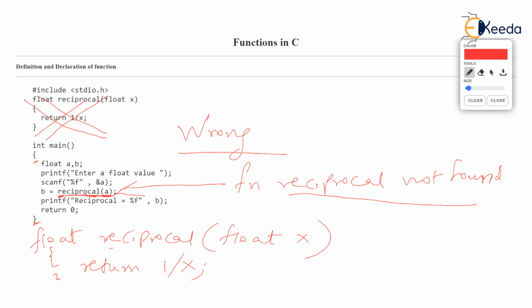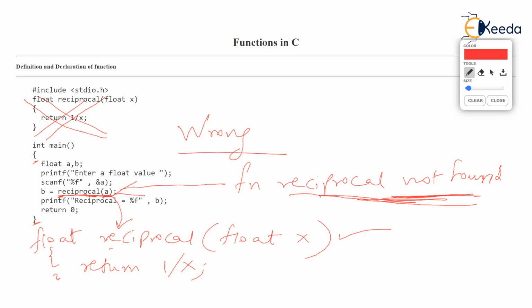But I have defined the reciprocal function. Yes, I have written it. Then why is C complaining that the reciprocal function is not found? The point is that if you write the function below the call, then you have to declare the function above the call.